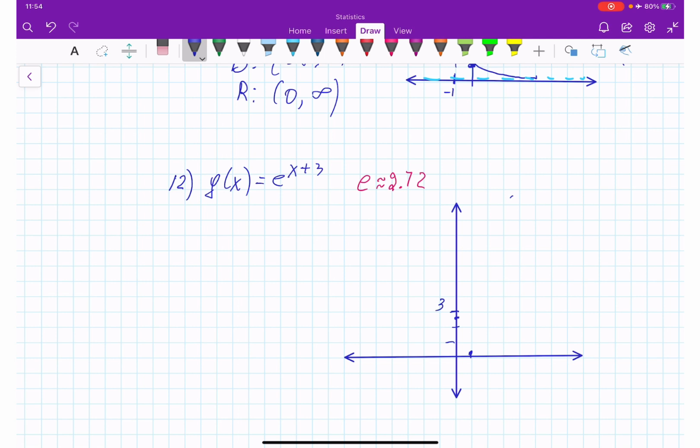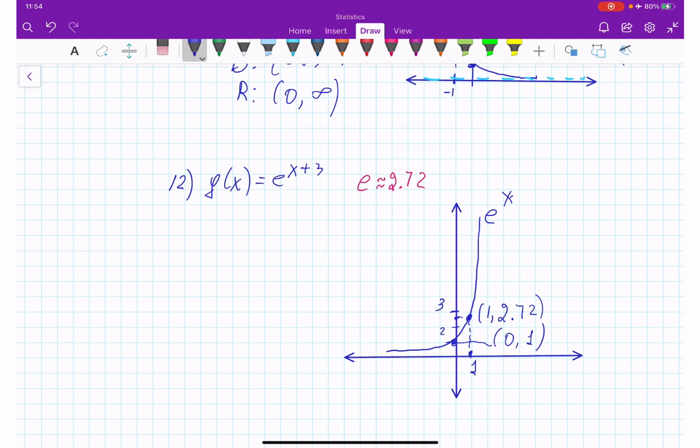If this is 3 and this is 2, then 2.72 is going to go somewhere between. Also, e to the power x is still going to pass through 0 and 1. So this graph is e to the power x. This coordinate is 1 and 2.72. This one we already know, it's 0, 1.